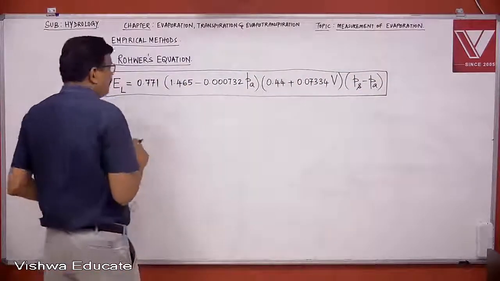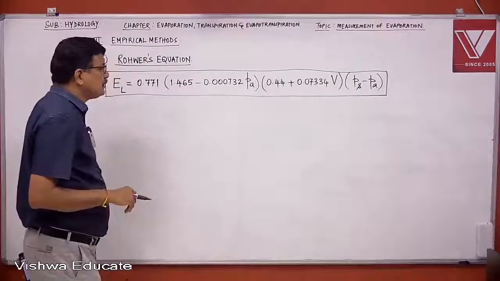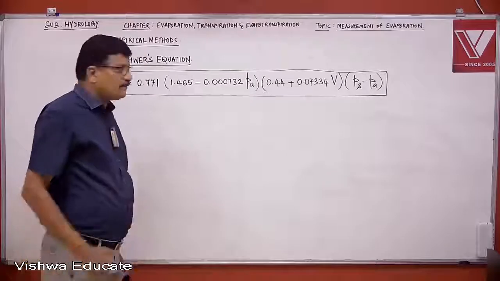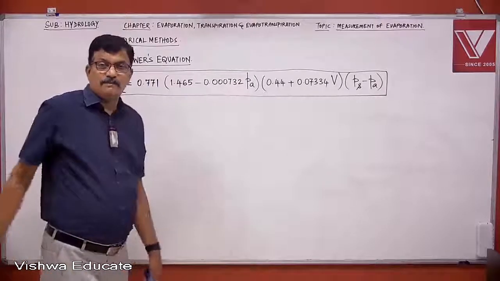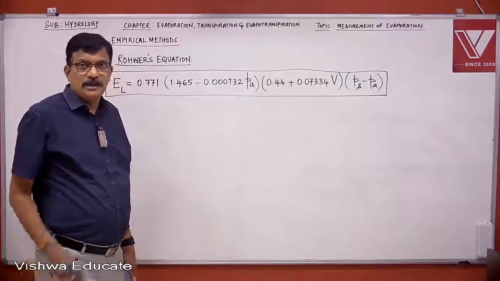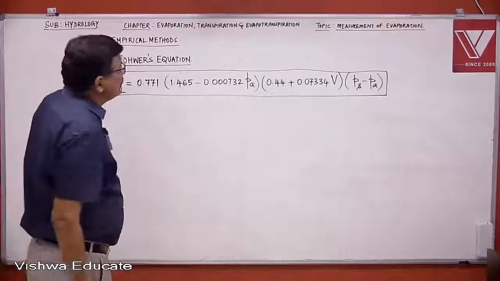So the rate of evaporation by Rohwer's equation is a massive equation, very difficult to remember, but still we shall be familiar with it in the evaluation of evaporation.